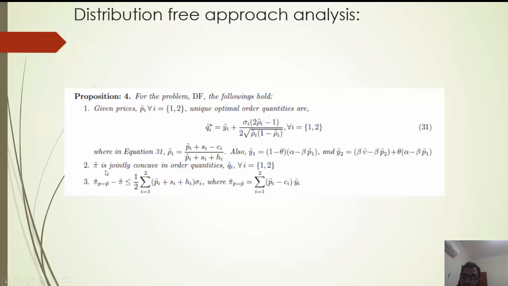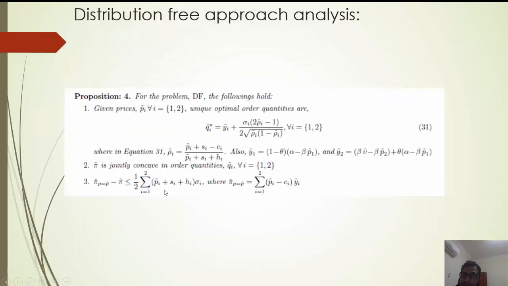But the other thing that we can find out is that the revenue function in the lower bound is jointly concave in order quantities, and we can also notice that the deterministic revenue minus the lower bound on the revenue is at most up to this value, which is very vital information, because no matter how good or bad the market behaves, the lowest possible revenue cannot go beyond this.